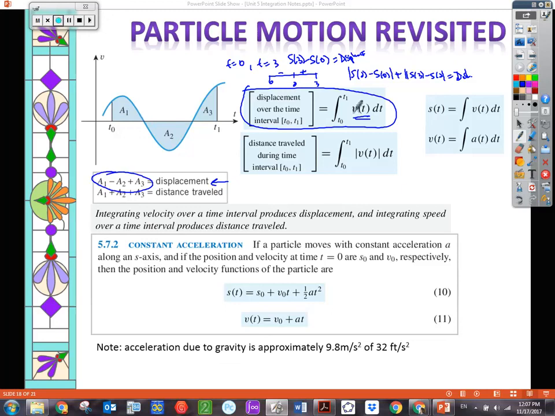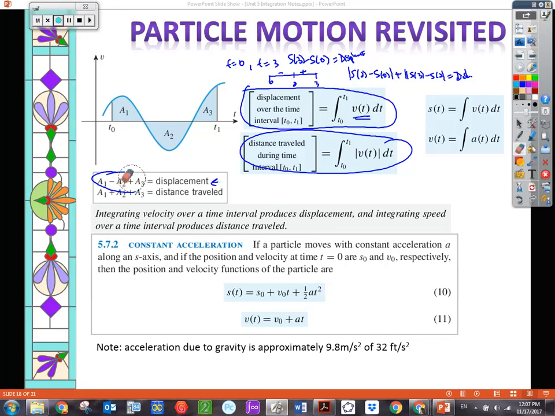So with displacement, we treat above the curve and under the curve as it is: positive, negative, positive. If we want distance, though, it becomes a little more difficult, just like it was more difficult with just derivatives. We actually have to take the absolute value of the velocity.